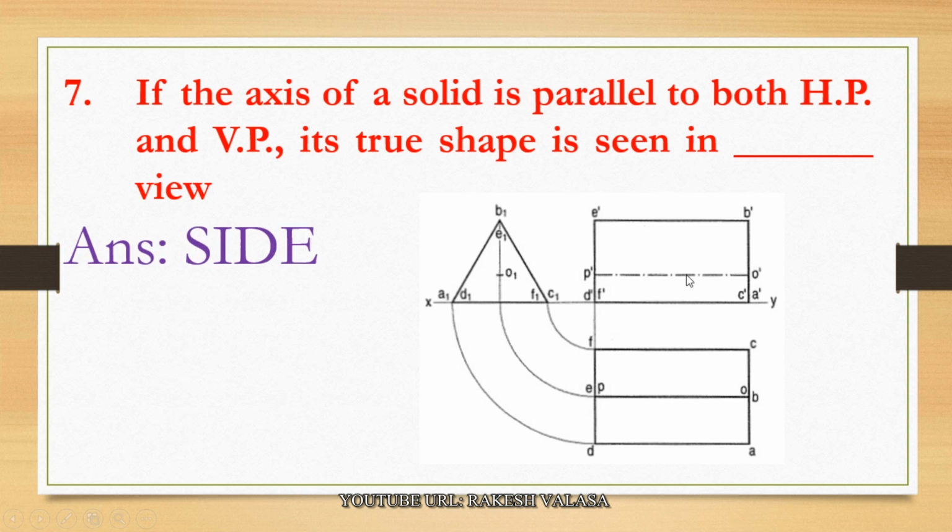Here I have taken a triangular prism. The axis is parallel to both HP and VP. In the front view it appears like a rectangle, and the top view also appears like a rectangle, but we can see the true shape only in the side view, that is a triangular shape. So the answer is side view.